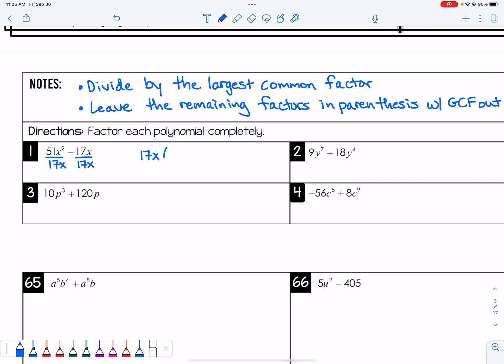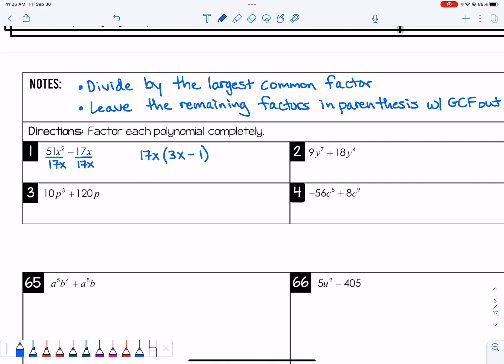So I need to write that out front, and in parentheses, I need to leave a 3x minus 1, because that's what would need to be there for me to multiply those back together and get back what I started with. It should always be that you can multiply them back together and get what you started with, but you can't take anything else out of these two terms because you've already taken out the greatest common factor.